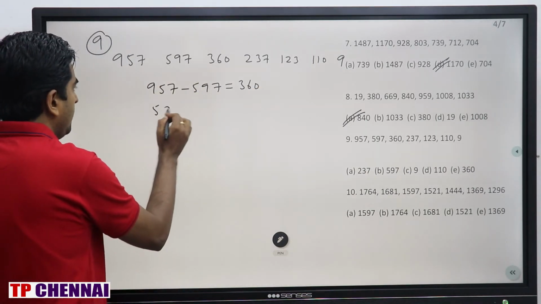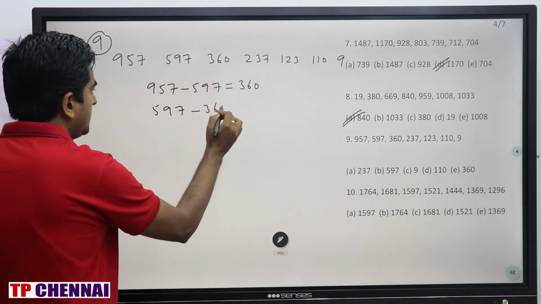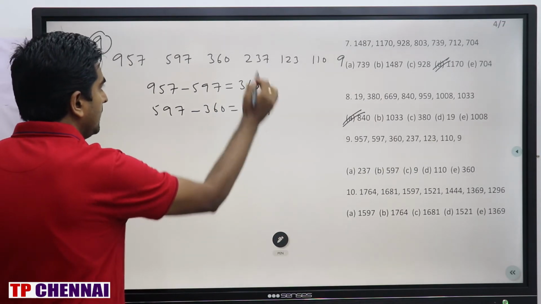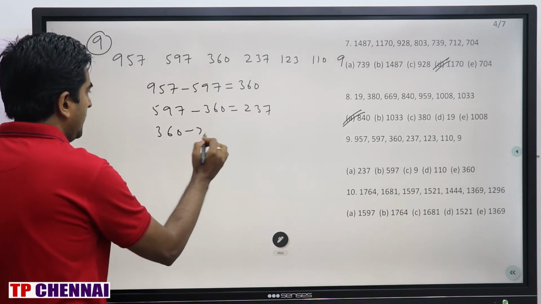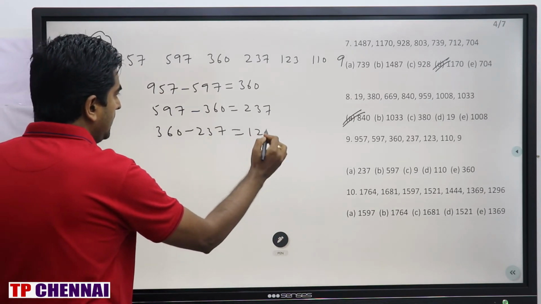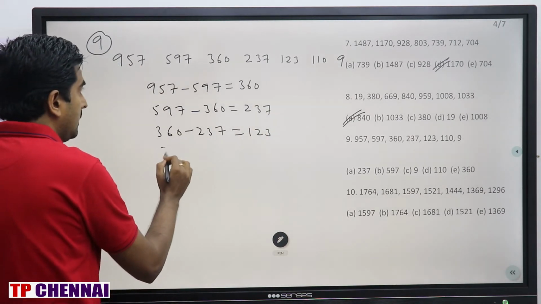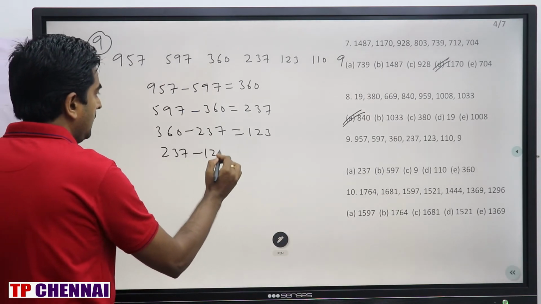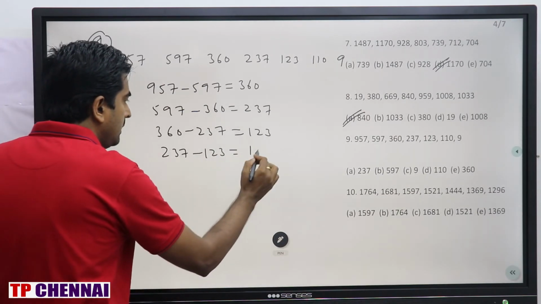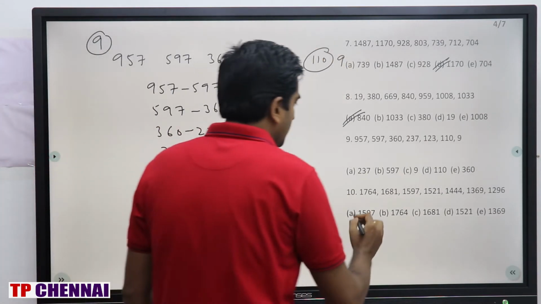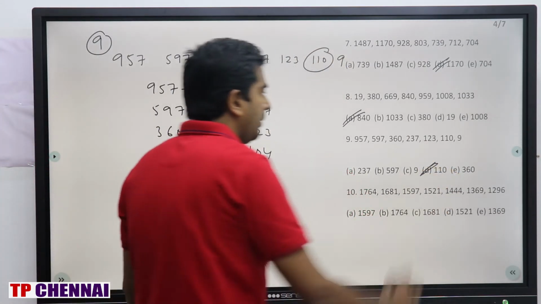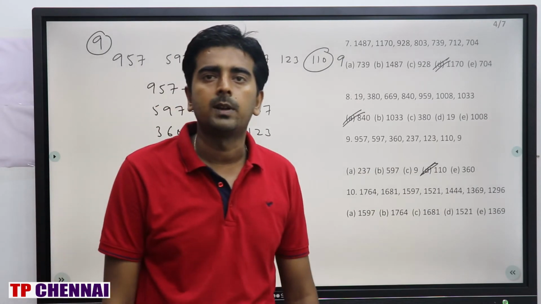Again 597 minus 360 is nothing but 237. That is also there. Again 360 minus 237 is 123. That is also there. 237 minus 123 is nothing but how much? 104. So this is the wrong number. So wrong number is nothing but fourth option. 110 is the wrong number.